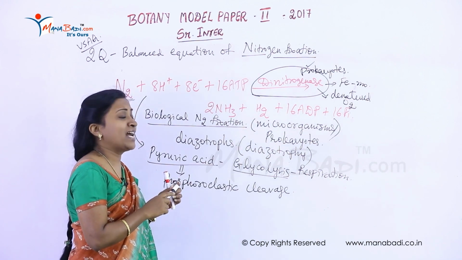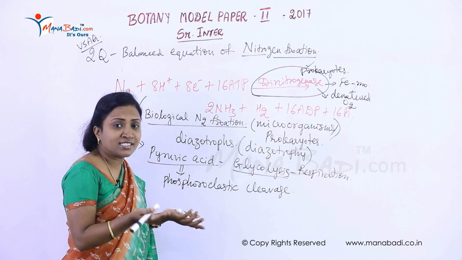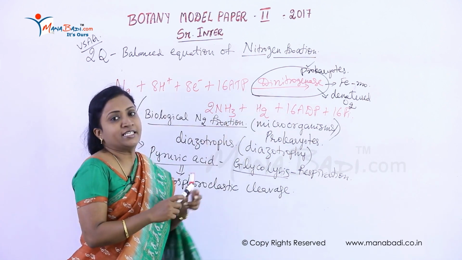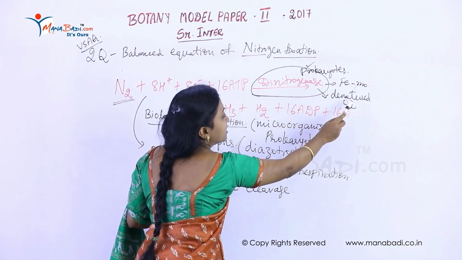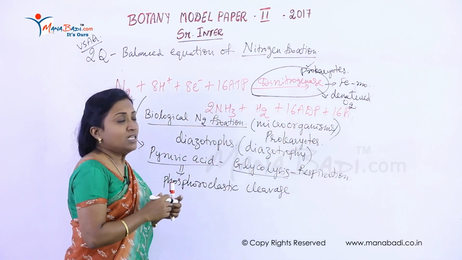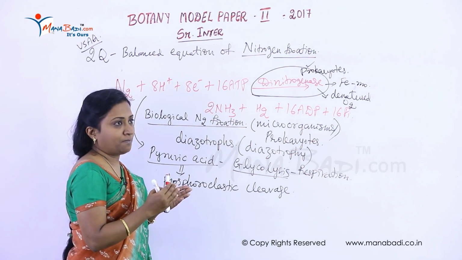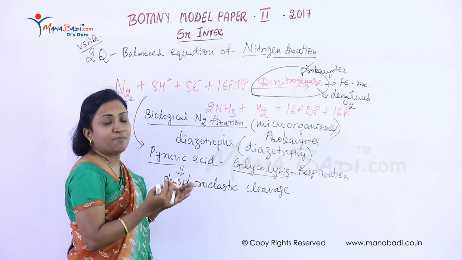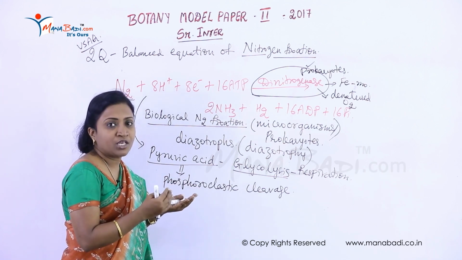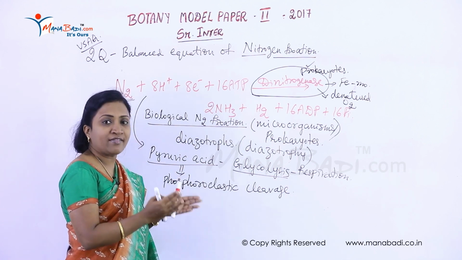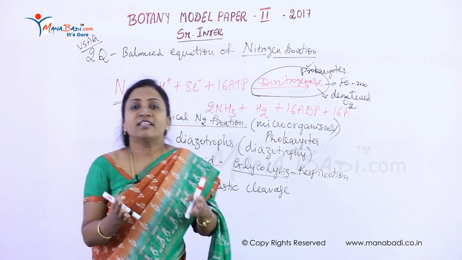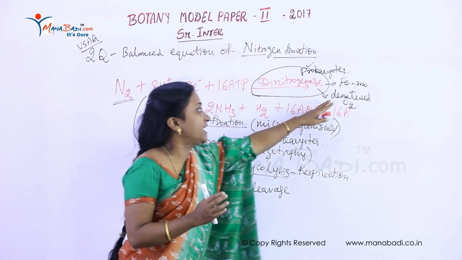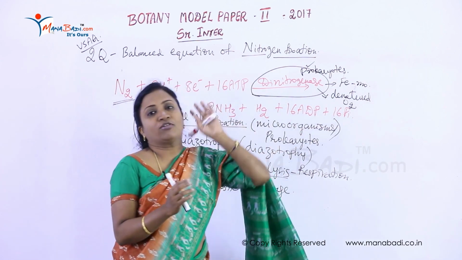As enzymes are proteinaceous in nature, this enzyme dinitrogenase gets denatured in the presence of oxygen. So these prokaryotes have a special mechanism to prevent the dinitrogenase enzyme from getting denatured in the presence of oxygen.